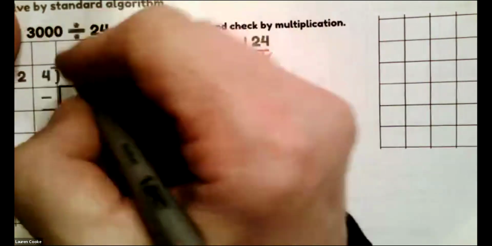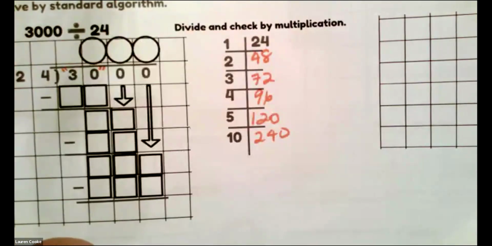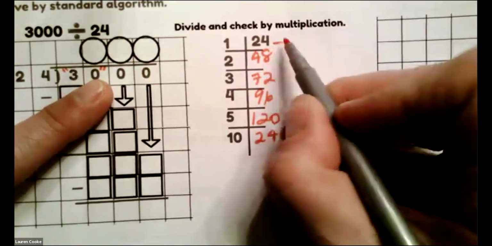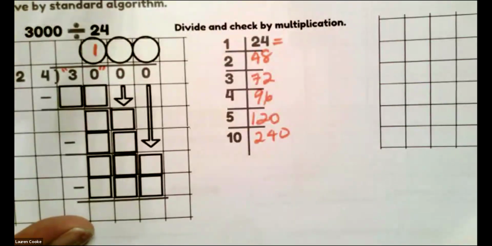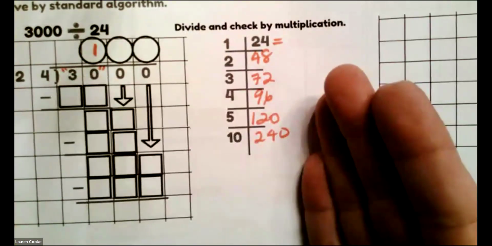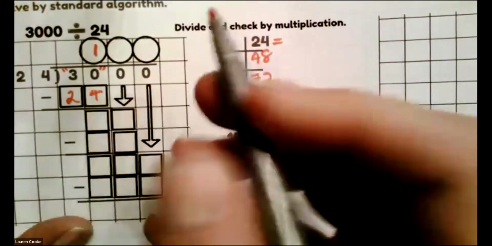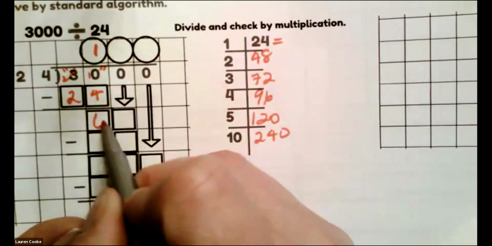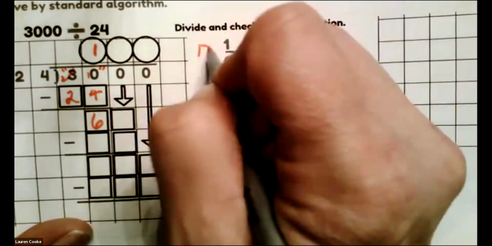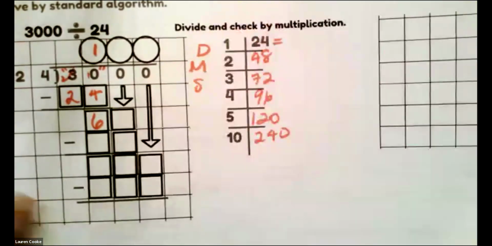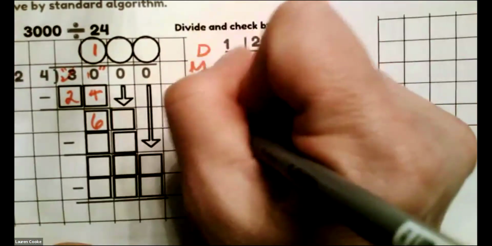It's just going to kind of put it in quotes. You don't have to write that, but if I'm taking 24 and putting it into 30, it's going in just one time. And that is in the hundredths place, so that is 100 like last time. 1 times 24, and then subtracting, I'm going to get 6. So I divided, then I multiplied 1 times 24, then I subtracted, and now I'm about to bring down.